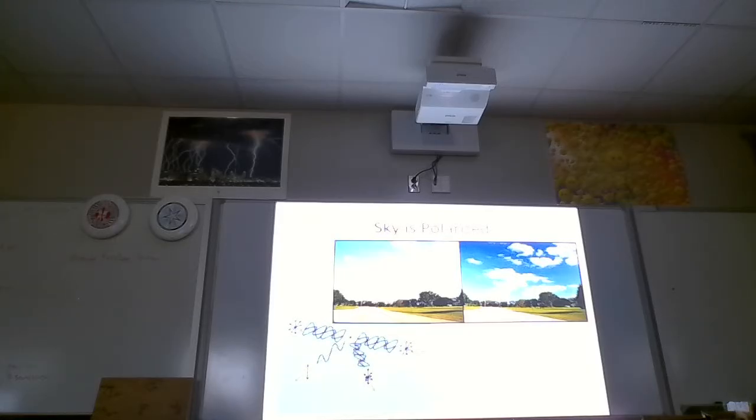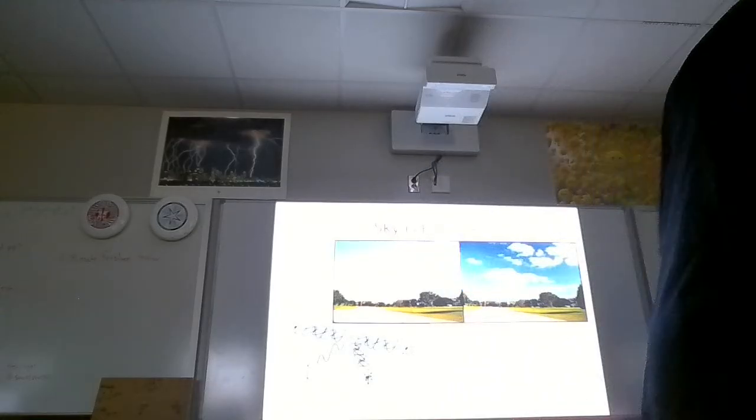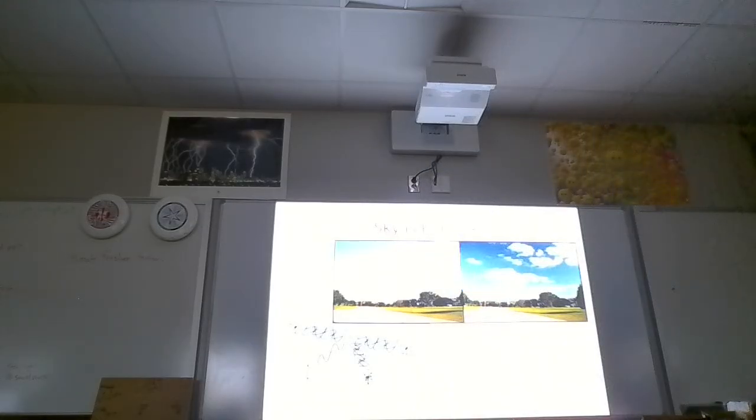If you have polarized sunglasses and tilt them by 90 degrees, you can see how the sky goes from this color to this color. You can use that with cameras to make clouds pop out, like it's contrast.